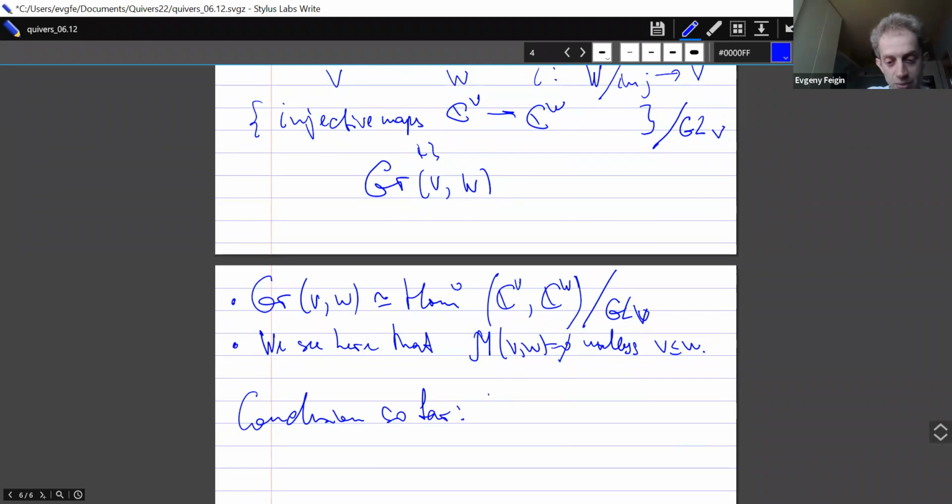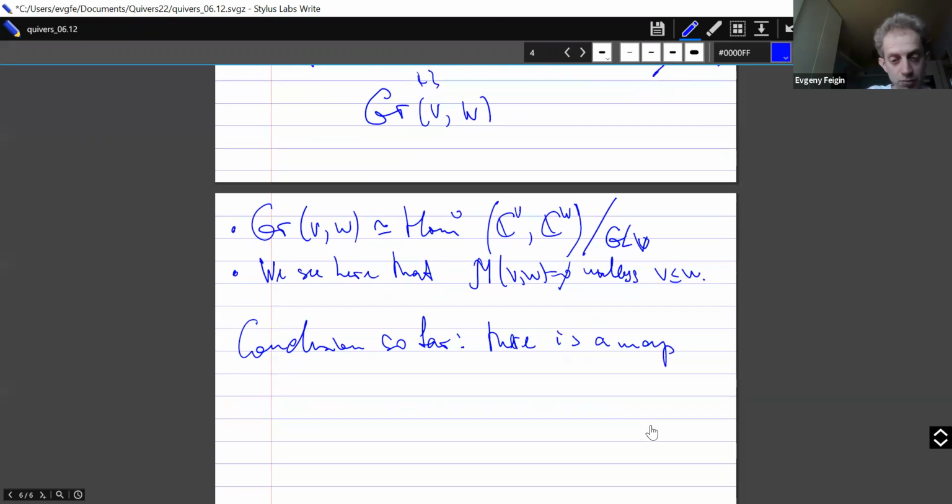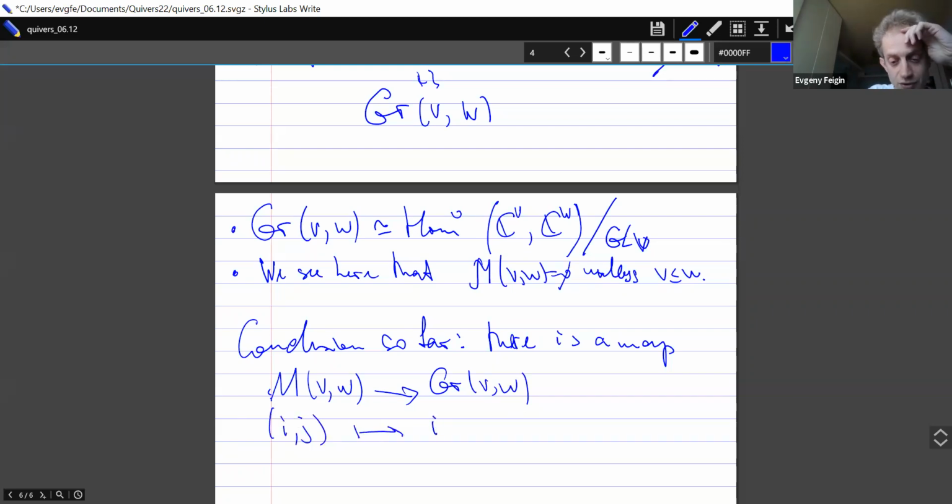Conclusion so far. There is a map from MVW to the Grassmannian VW, just sending the pair ij to the image of j.